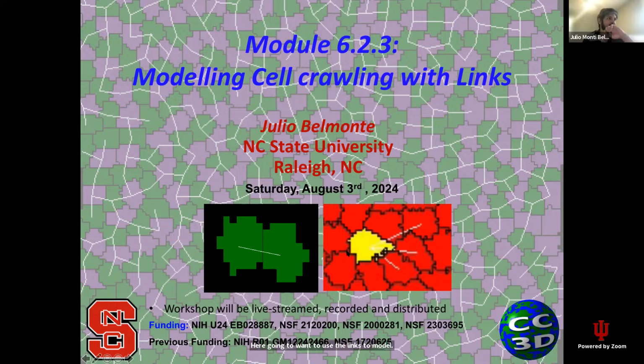So the idea is that the cells are inside the tissue, so it's deep tissue cell crawling, and the cells can use the links to connect to the cells that are in front of them and pull on them. If you just pull on one side, nothing will happen. But if you can recreate the links at a given frequency, then you can get movement of the cell between other cells.